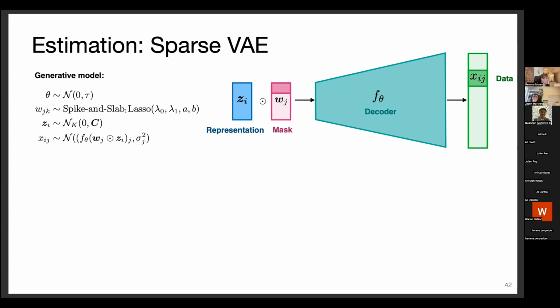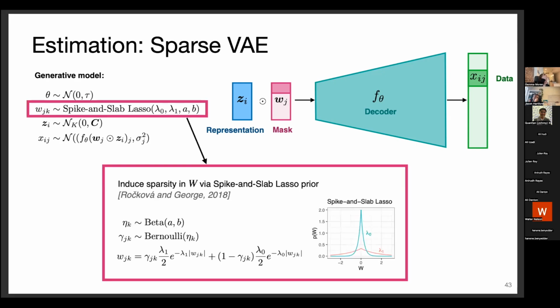Then our Z is generated by masking this feature-specific W vector, W_j. To learn the support of this W matrix, we use the spike and slab lasso prior, which is a sparsity-inducing prior.